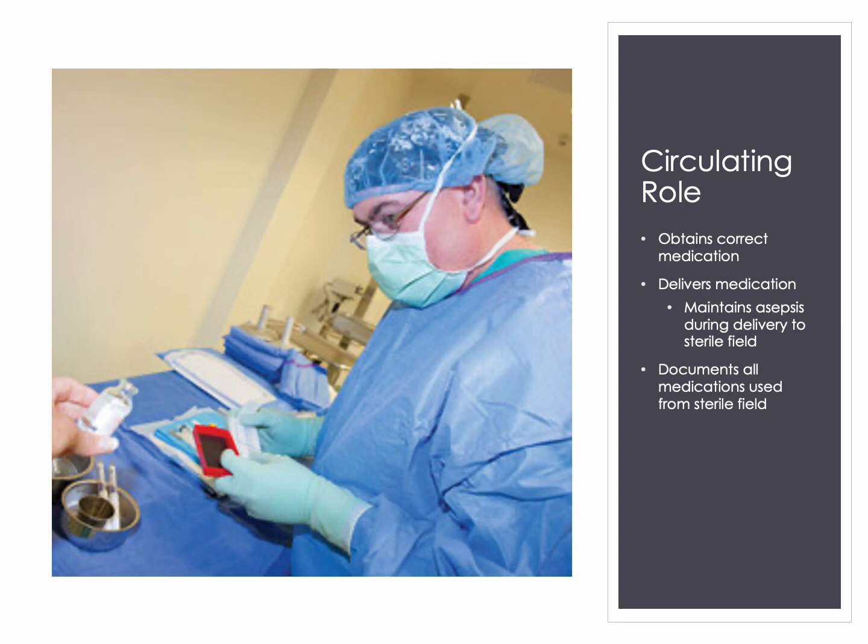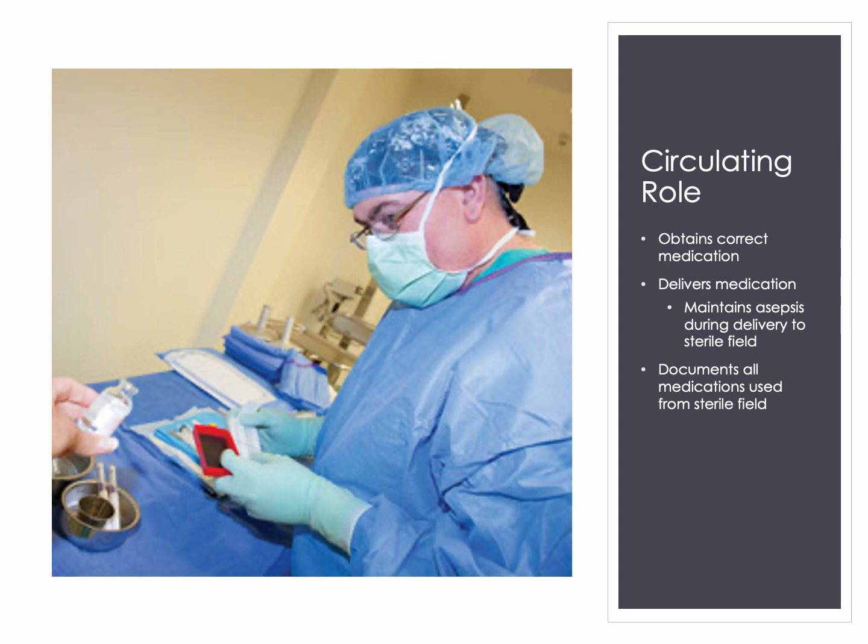Now, the circulator/assistant circulator has 3 main duties regarding medication administration from the sterile field. First, they obtain the correct medication. They're going to check the label to make sure that it is the exact drug and strength as what is listed on the preference card.